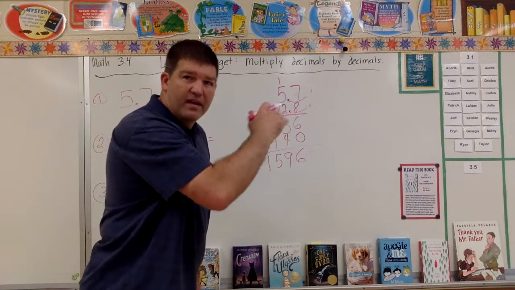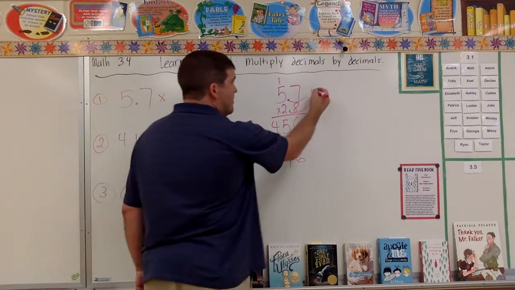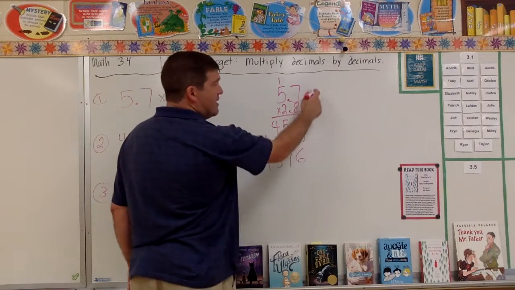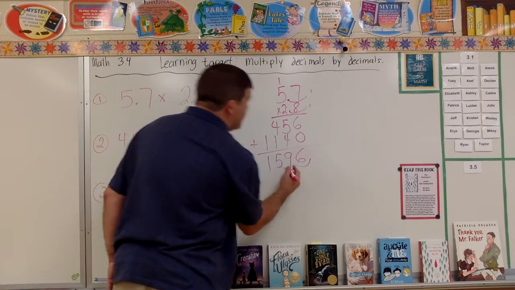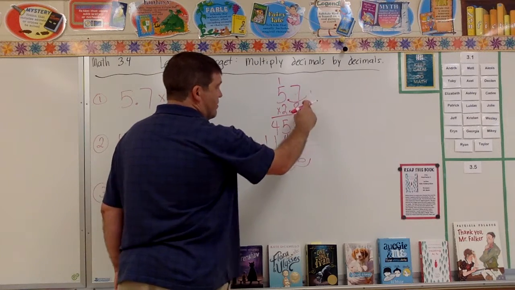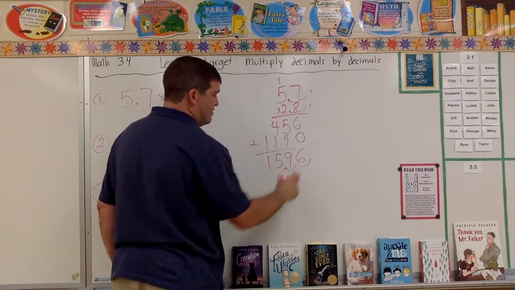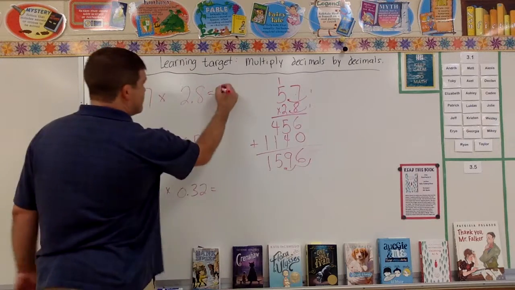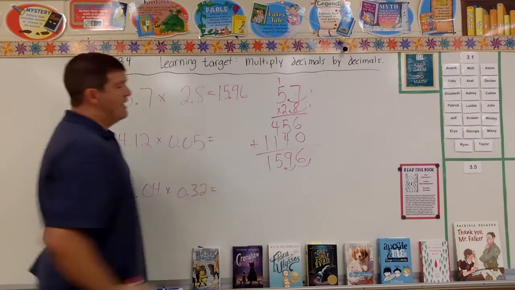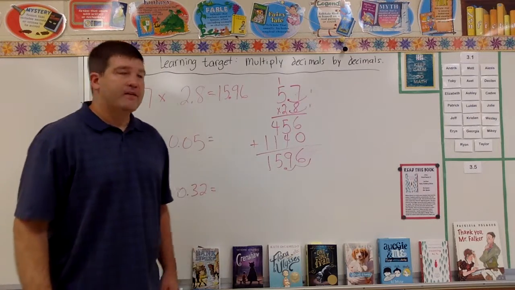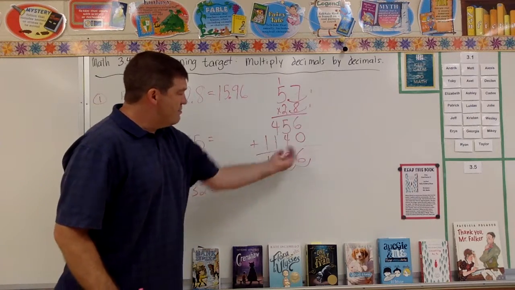So now I got to move it back in. I don't move it back in just 1, I move it in 1, 2. Moved out 2, in 2. So my answer is 15.96. Okay. That's how you move it all out, move it in.